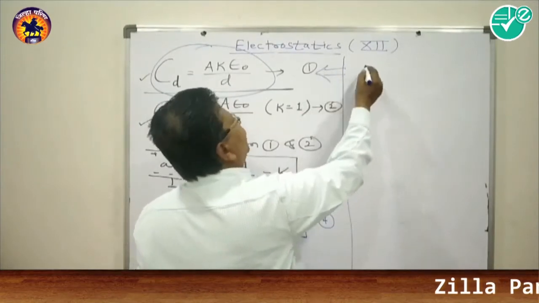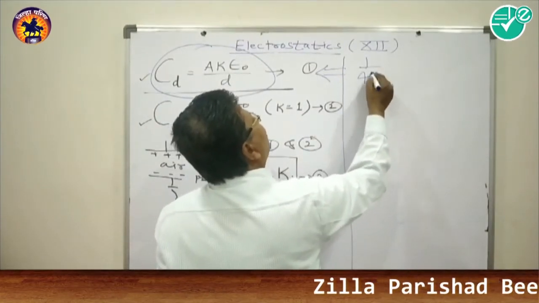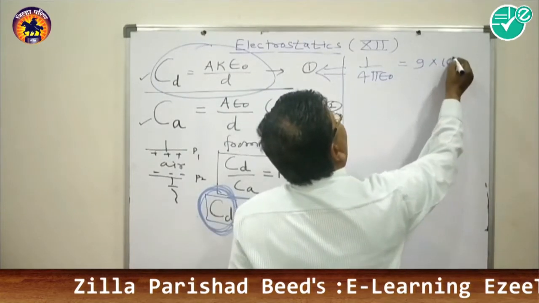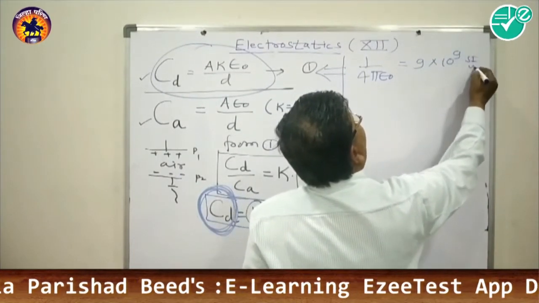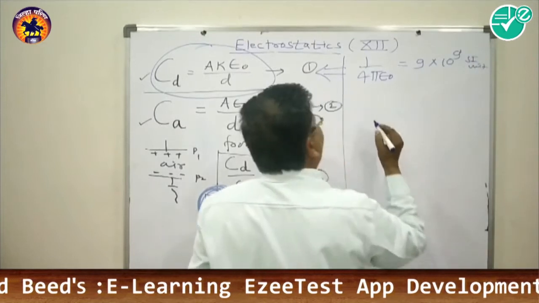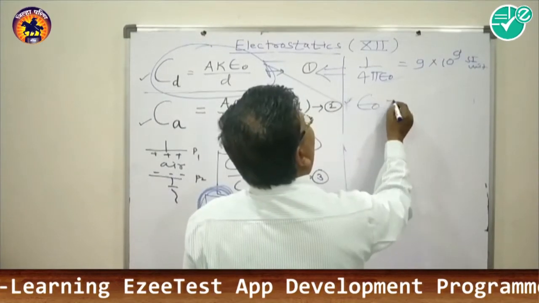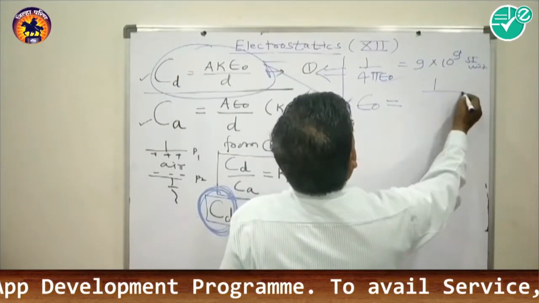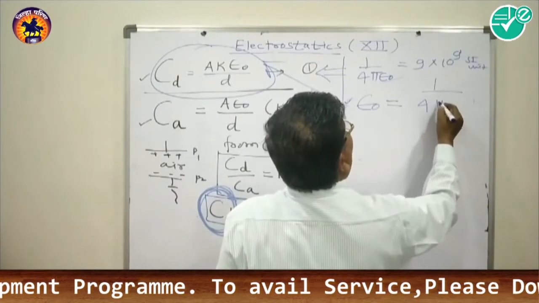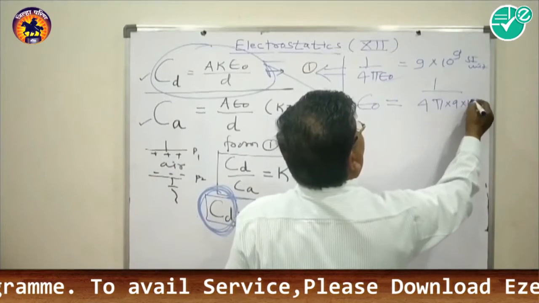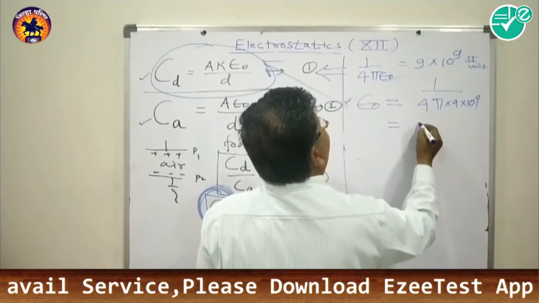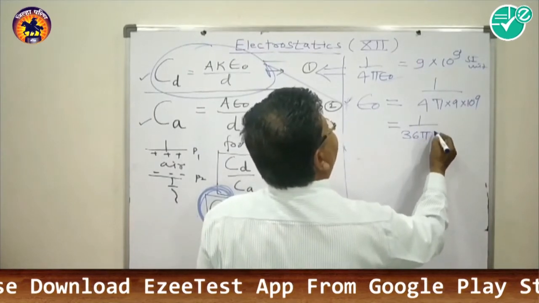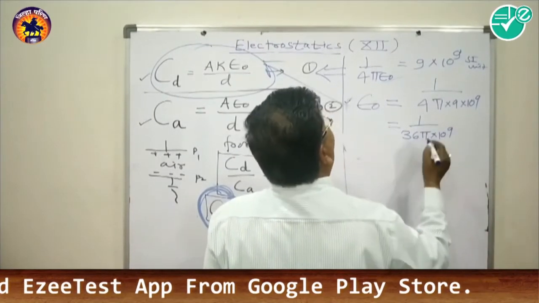Then, as we know that 1 upon 4 pi epsilon 0 is equal to 9 into 10 to the power 9 SI units, the value of epsilon 0 comes out to be 1 divided by 4 pi into 9 into 10 to the power 9, which is equal to 1 divided by 36 pi into 10 to the power 9.